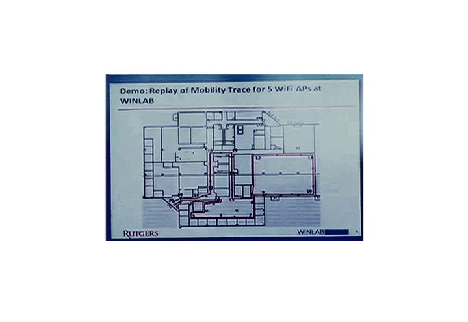In the demonstration that we have today, we've done an emulation of the mobility scenario. The figure here shows the WinLab building, wherein a user moves through the building and accesses different Wi-Fi access points.